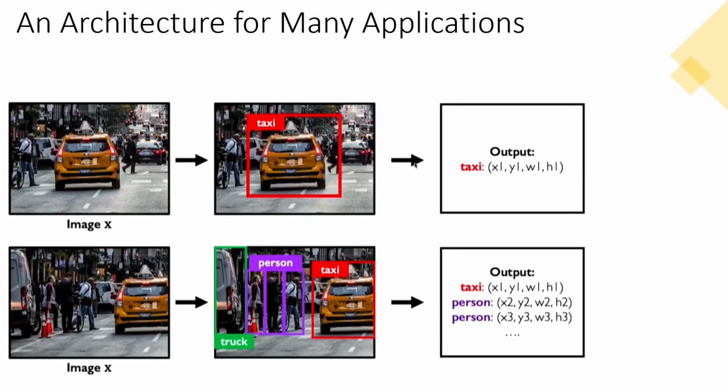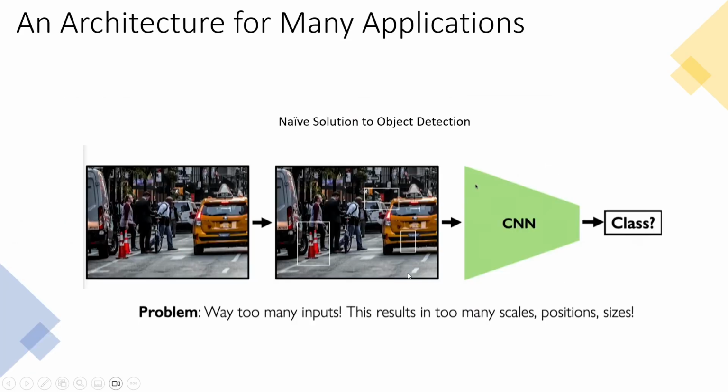So how can we do that, basically? We can do this with different architectures. The problem we would like to solve right now is, we would like to find the location of the taxi, the location of the person and the truck. So what we can do is, we can get some patches from the image.